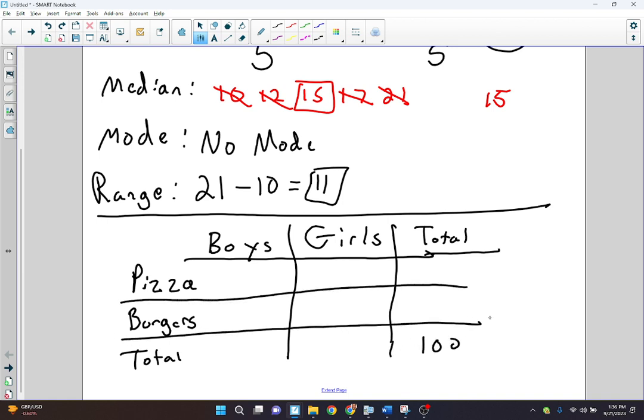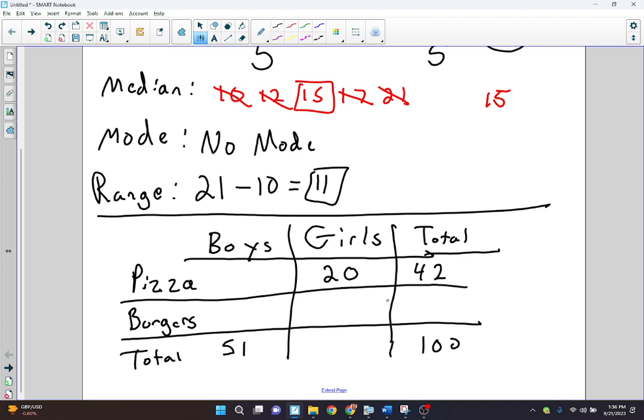Let's say you have 100 total kids. Let's say 42 of them like pizza. Let's say 51 are boys. And let's say girls who like pizza is at like 20. Okay.